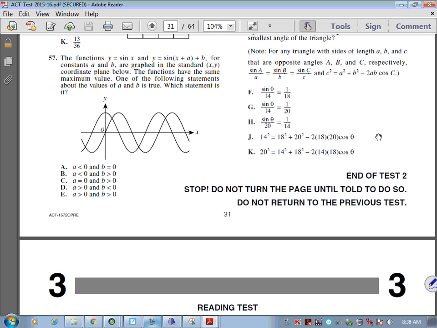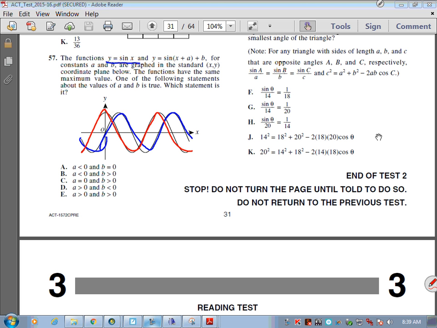This line that you see right here is y equals sine x, because you'll notice that it crosses at the origin going up positive. That's my y equals sine x. This is my y equals sine of x plus a, plus b, for constants a and b, graphed.